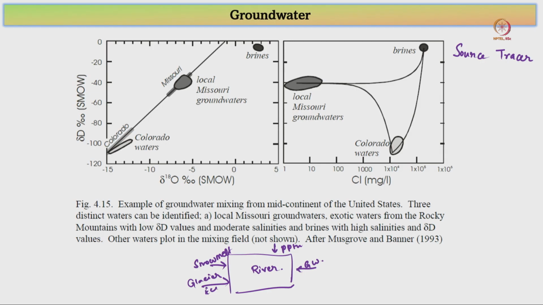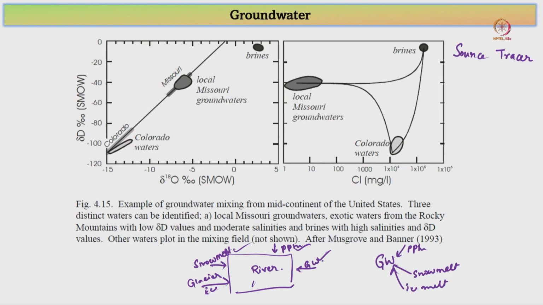So, these are my components, these are my end members that are supplying the water to the river. All the water that is coming in the river is coming from these kind of source end members. It is not only the river; for instance, groundwater also comes from precipitation, or if it is in the higher altitudes and latitudes, it is also coming from snow melt or ice melt from the glaciers. Okay.